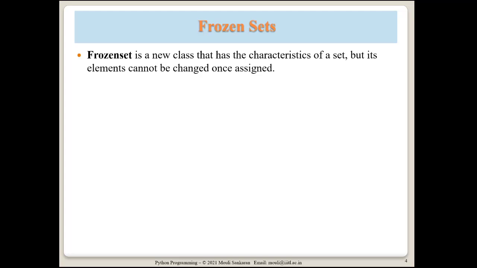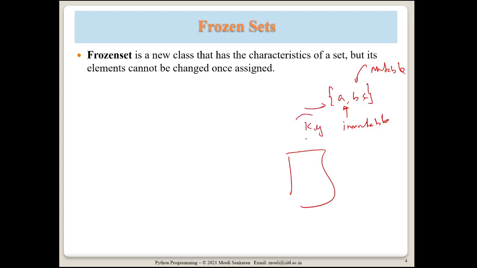Frozen set is a new class that has the characteristics of a set. It is like a set. A set is a set of numbers or objects which are individually immutable, but the set itself is a mutable object, and we know that it uses this as a key.